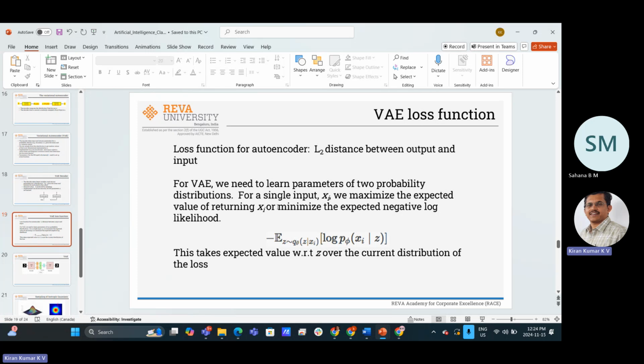Input and reconstructed probability distribution should be the same. I told you, each and every signal, if you take an audio signal, there is a probability distribution. If you take an image, it also has a probability distribution. So those probability distributions should be the same. If they are not the same, then you've got a problem. You need to change theta and phi to make them the same.